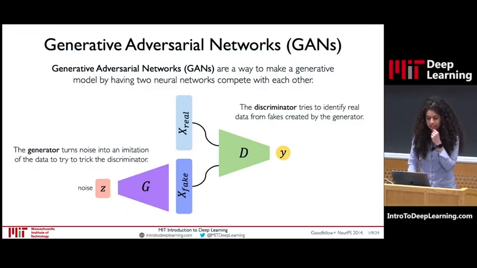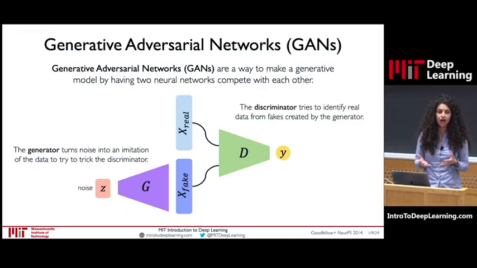And GANs initially introduced a lot of excitement about this idea of generation from completely random noise, which seems kind of wild when you think about it in that way.